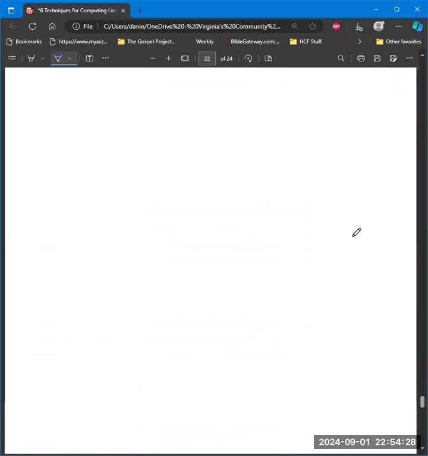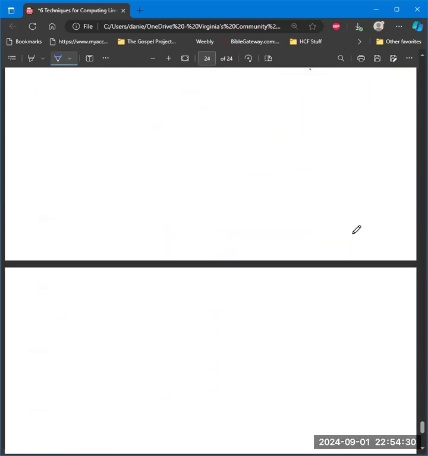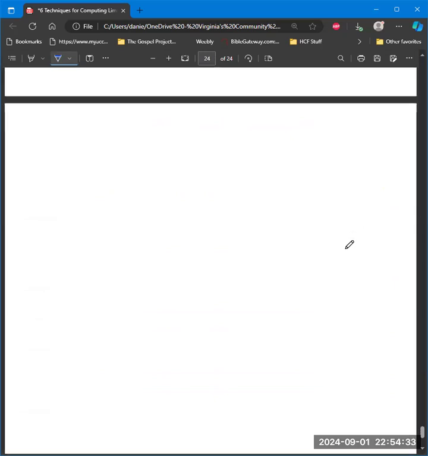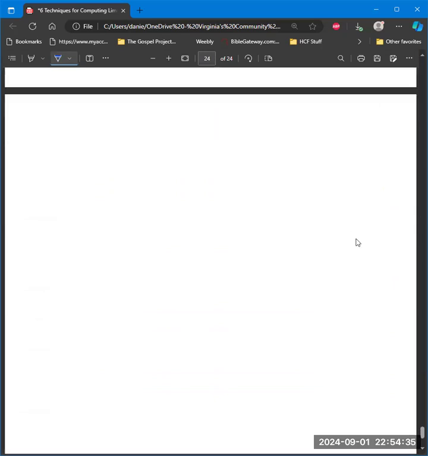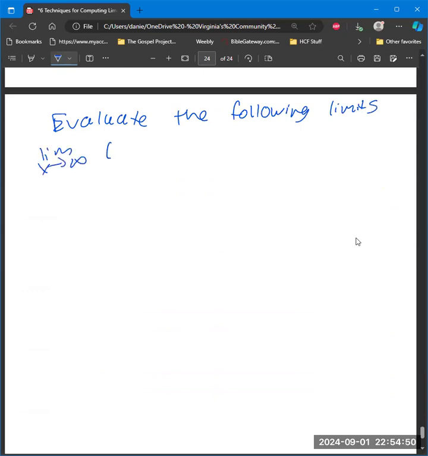All right, let's evaluate the following limits. The limit as x goes to infinity of -2x to the fourth minus 6x squared plus 3x minus 9 is going to be the right-hand end behavior of a negative even-powered function.